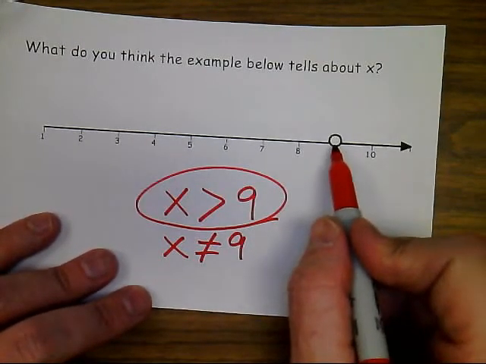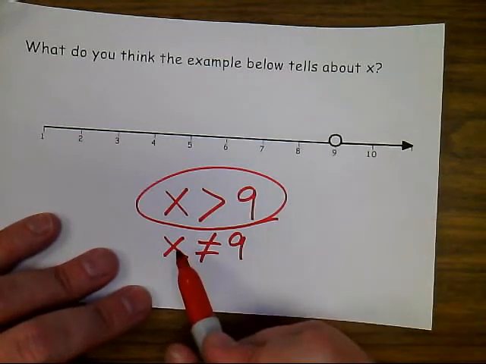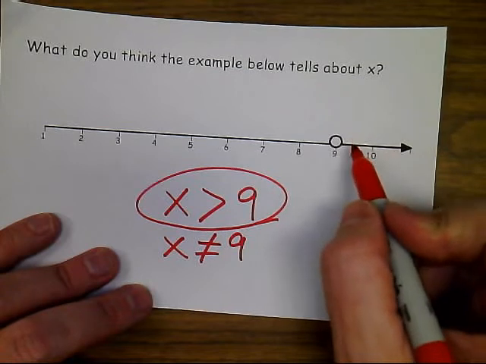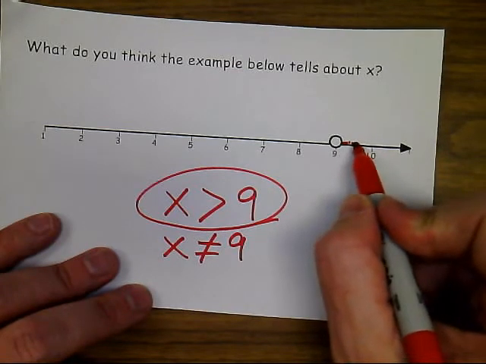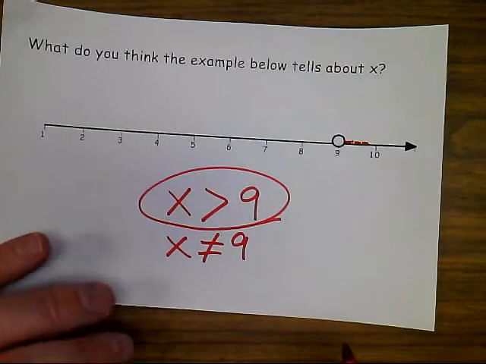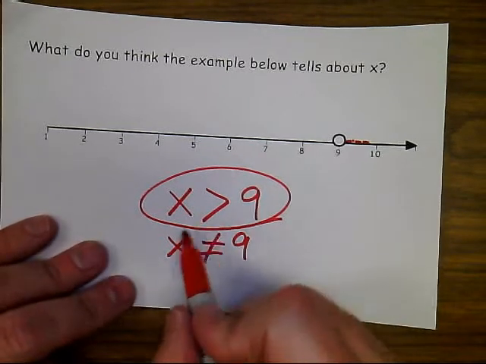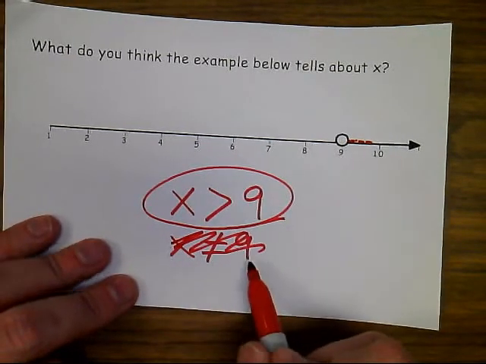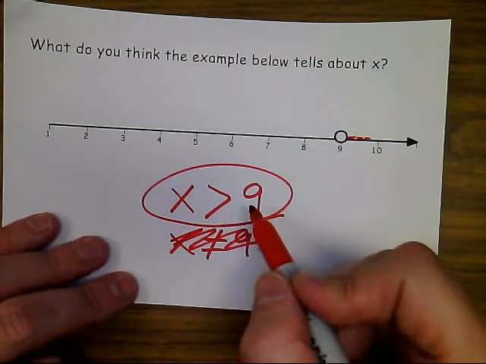The graph shows it's just bigger than 9. What I don't want to do is say it's greater than or equal to 10, because I've got to remember that there are lots of numbers in here: 9 and a half, 9 and 1/4. So by saying x is greater than 9, I don't need to indicate that it's not equal to 9, because I know it's got to be bigger than 9. 9 would not be a correct answer.